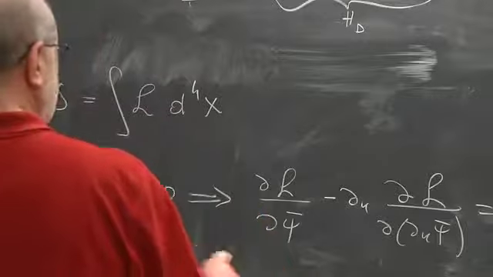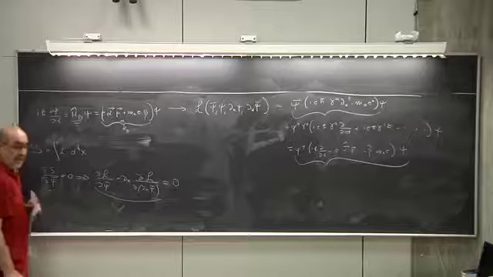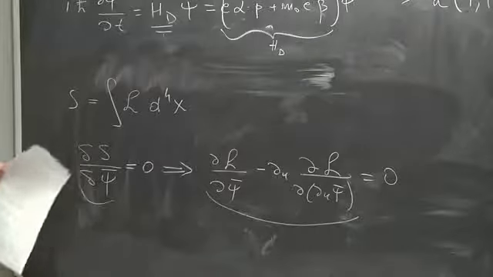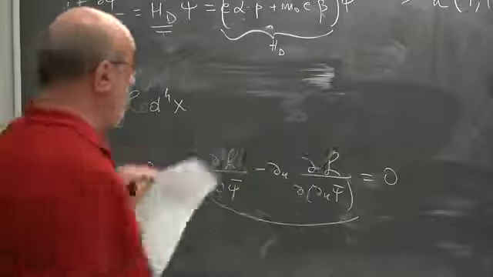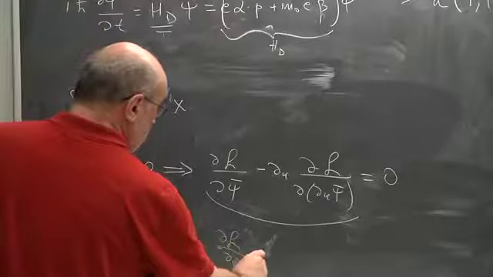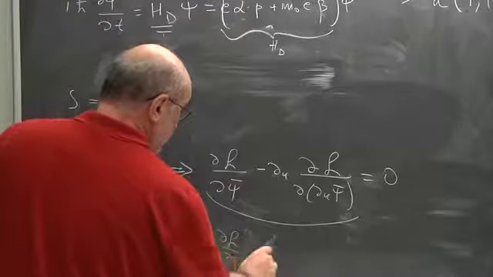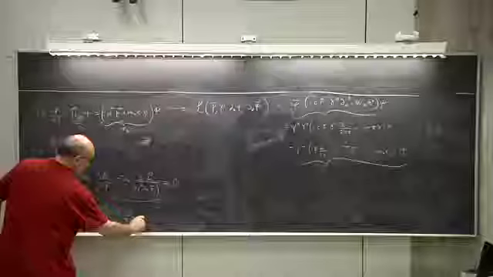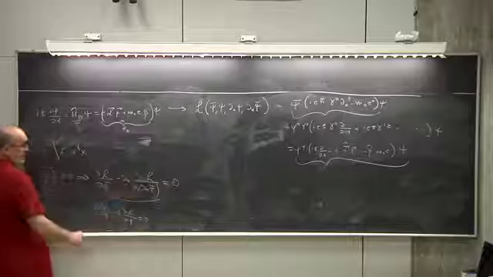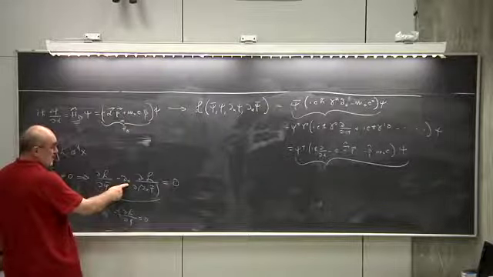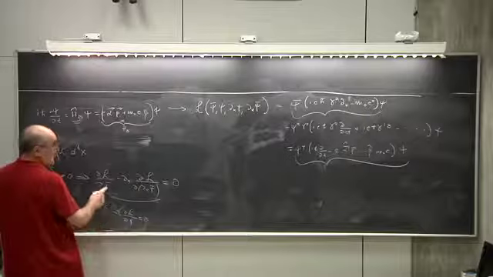That this variation of the action implies this, we have seen already when we did the Klein-Gordon equation, okay? And this, you know, is the analog of dL/dq minus d/dt dL/dq dot equals 0. This is the analog of that. It's just that instead of time now we have 4-dimensional space-time, and instead of q we have the field.